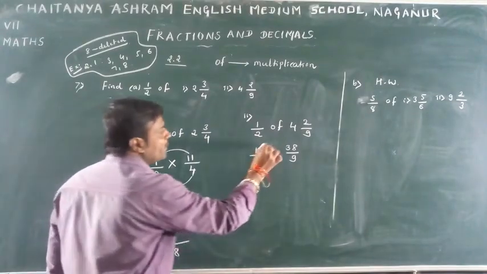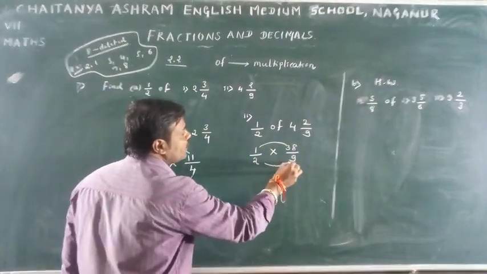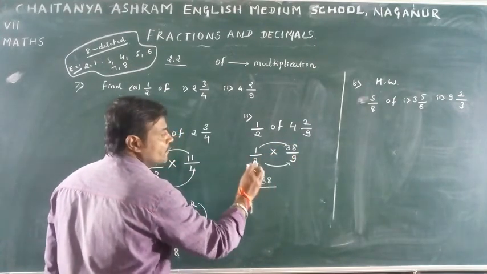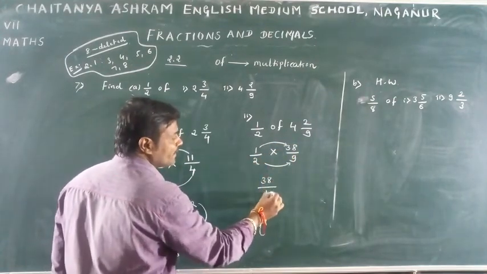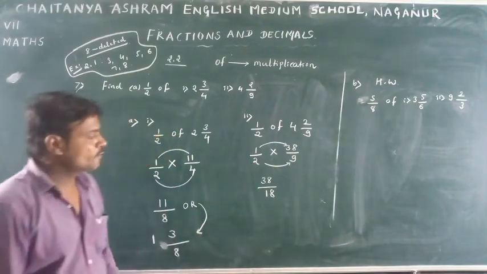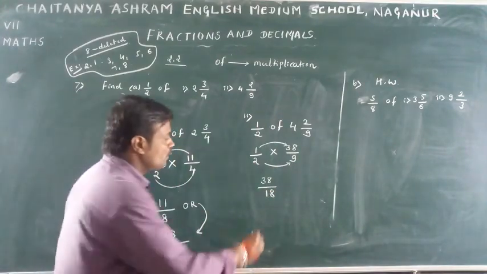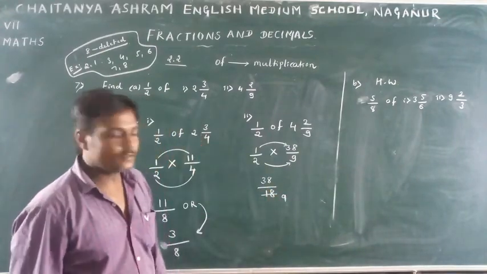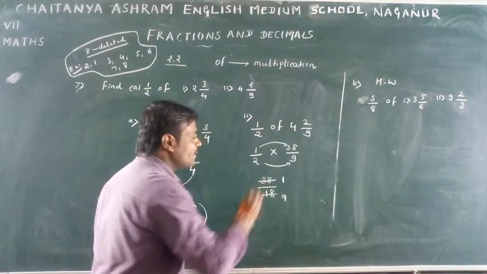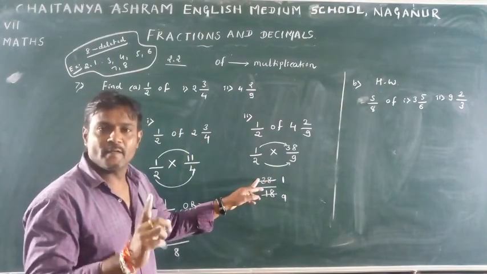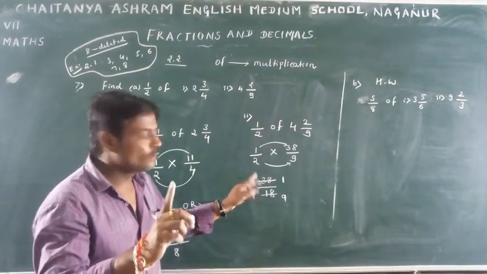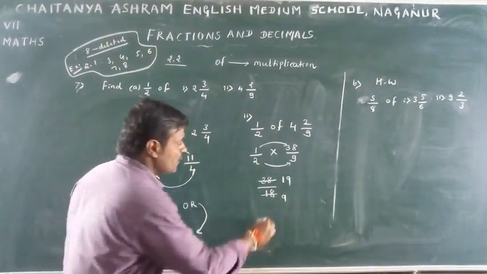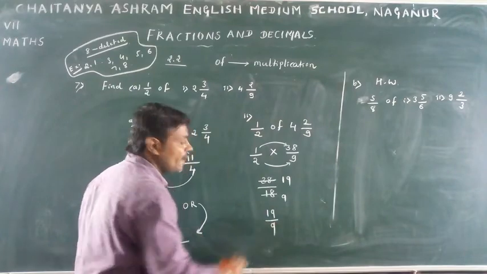Then multiply numerator to numerator, denominator to denominator. 1 into 38, 38. 2 into 9, how much? 18. So simplify it. 2 divides both. That is 2 9s are 18. Then 2 1s are 2. Or 3, 1 remains. 18 becomes 2. How much is 18? 2 9s are 18. So now it is 19 by 9.